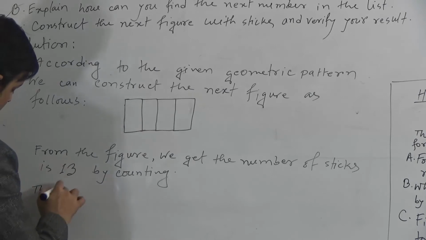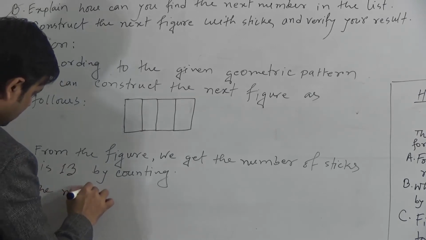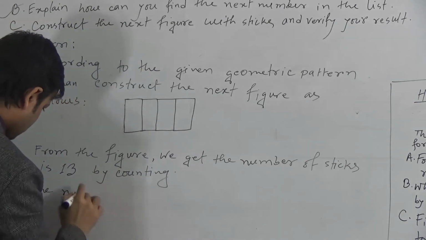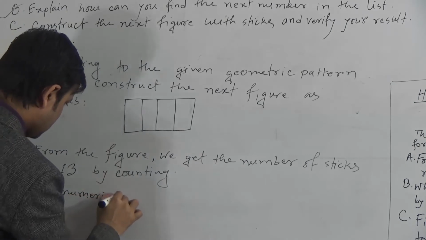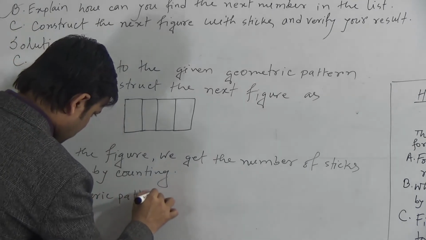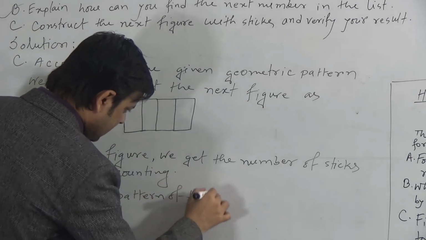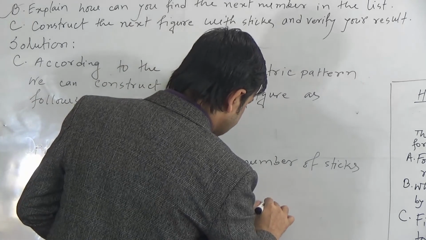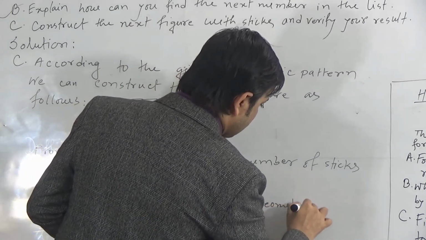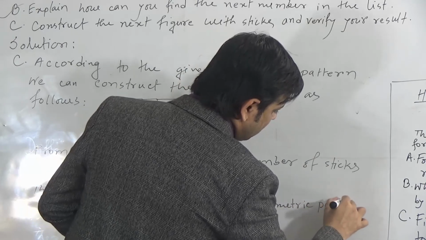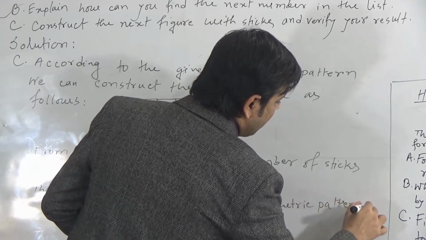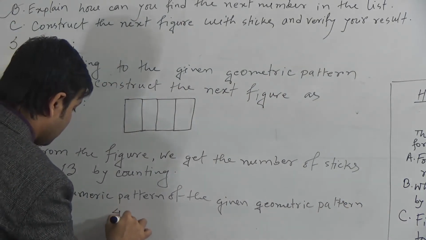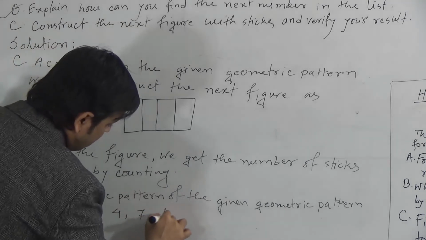The numeric pattern of the given geometric pattern is 4, 7, 10.